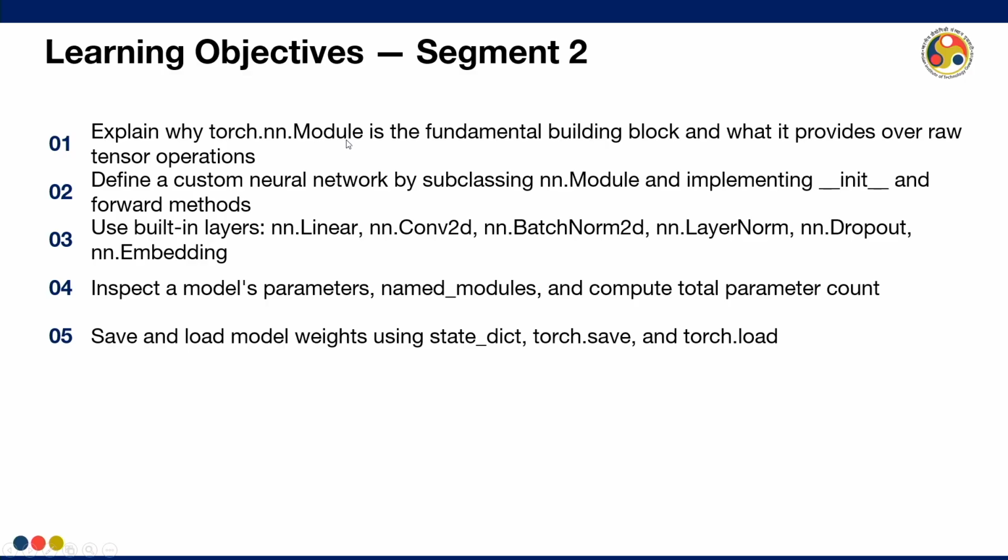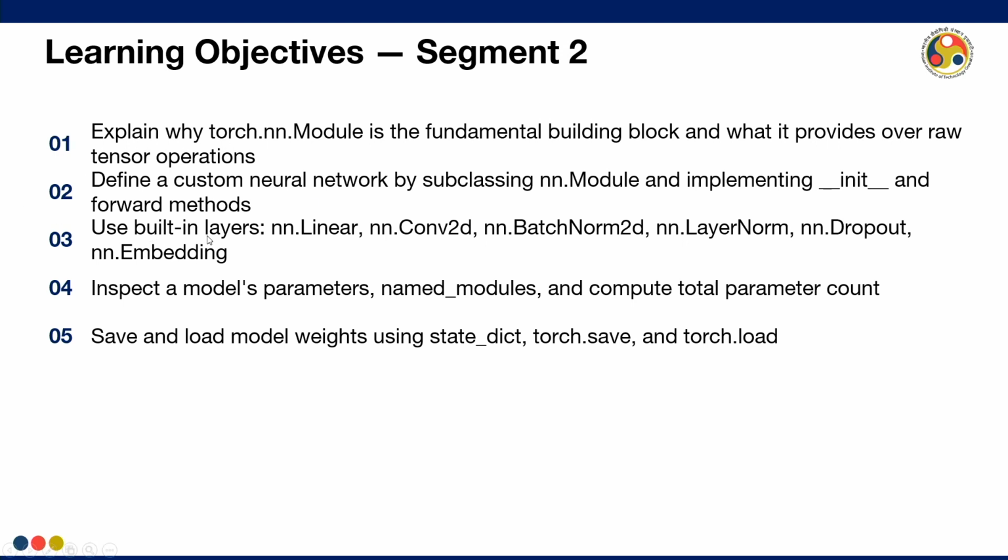So in today's session, we will look at the nn.Module, which is the fundamental building block from the PyTorch framework. This provides the complete tensor operations which are required to build any neural network. So we will define custom neural networks by subclassing this nn.Module, and also implement using these different constructors and methods like forward methods.